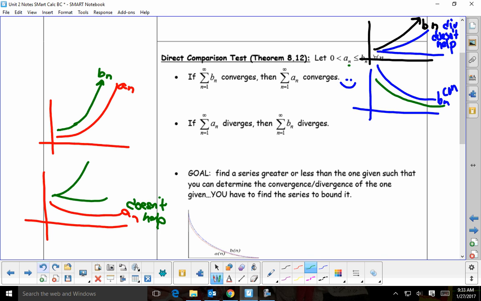So basically, in layman terms, we either want the smaller one to diverge or the bigger one to converge. Other information doesn't help. Okay, so let's write that down.